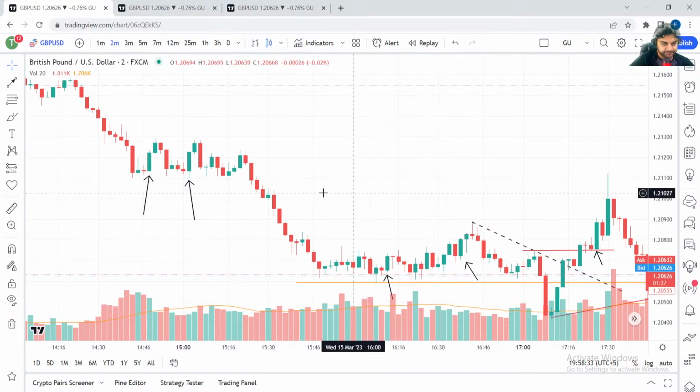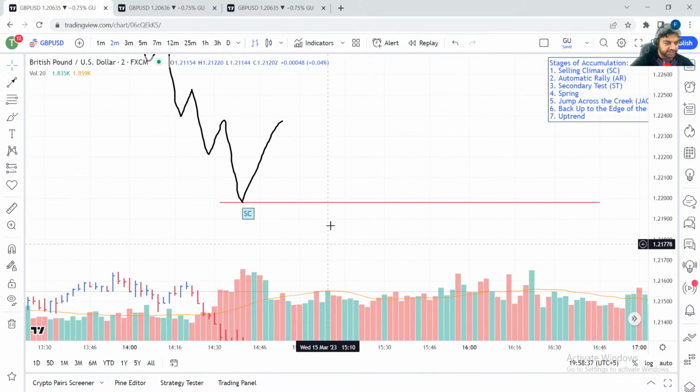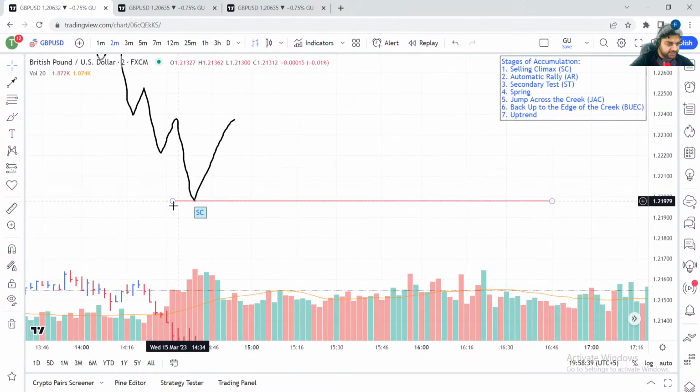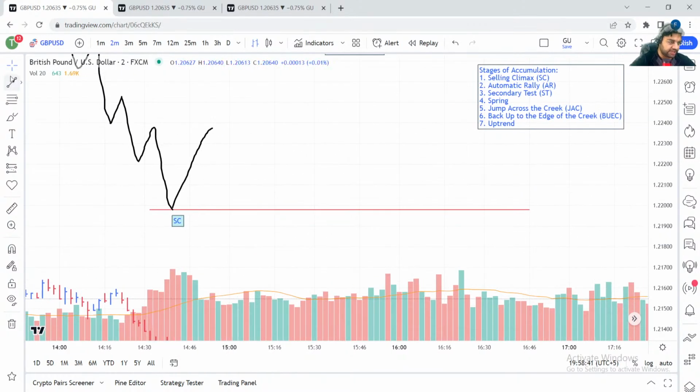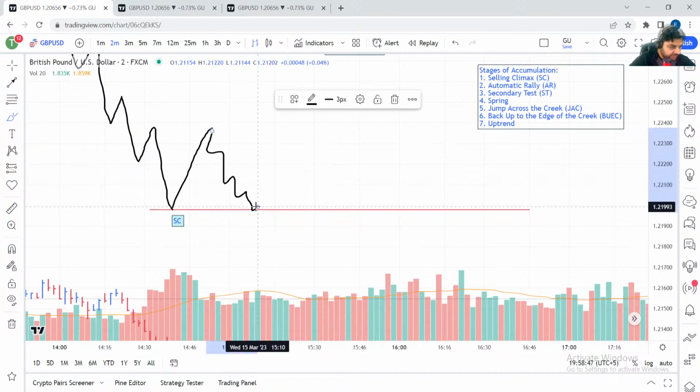We will see that. Okay, I will switch back to my favorite bar charts. Guys, you can see that this is how an accumulation will start, and then it comes down slowly. It should come down slowly because if it falls like crazy, then there will be no accumulation.